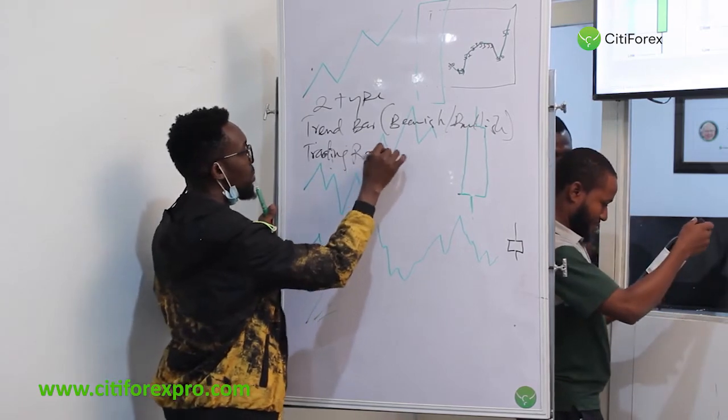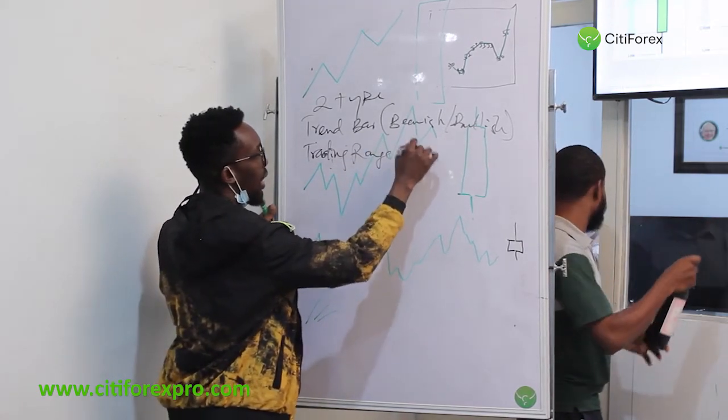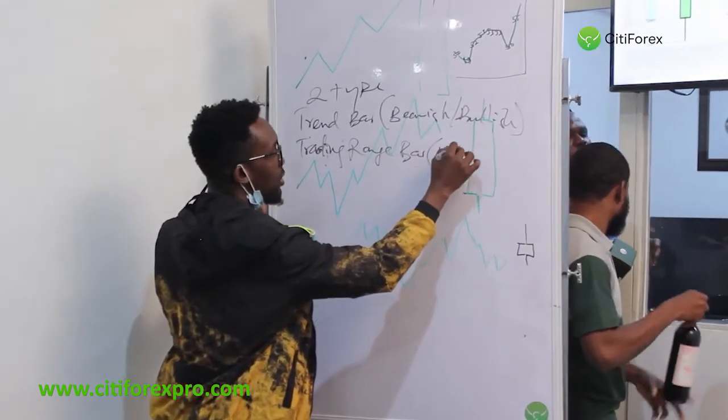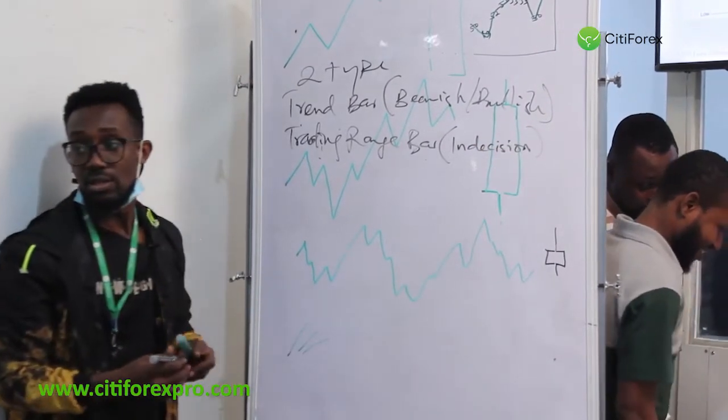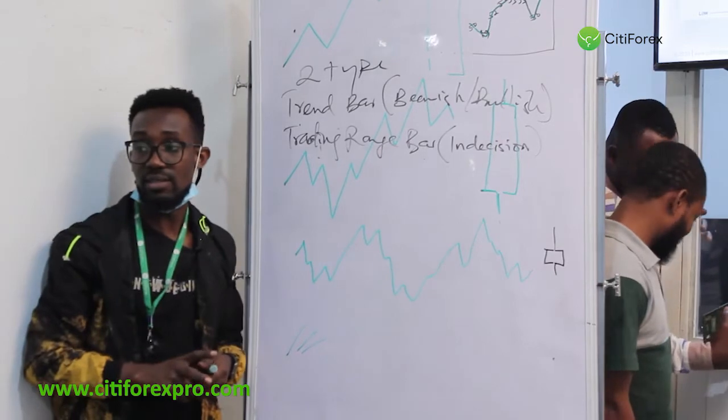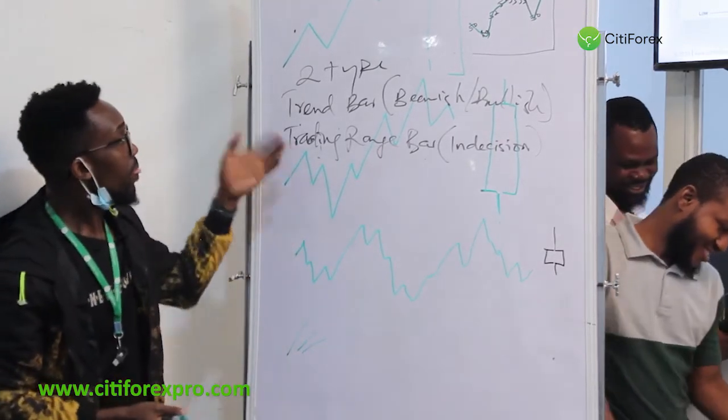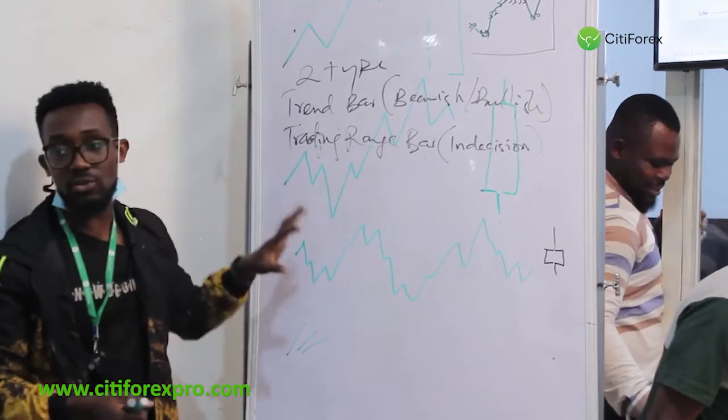And these bars are showing indecision. Does it make sense? So you've got only two types of bars.